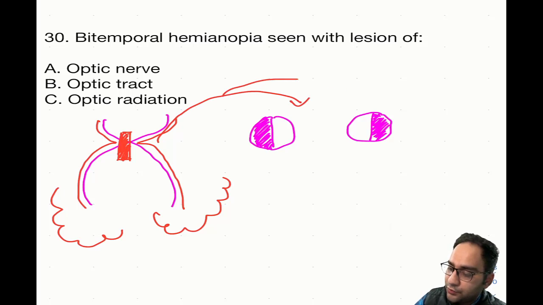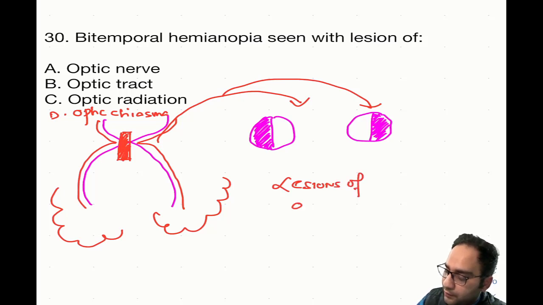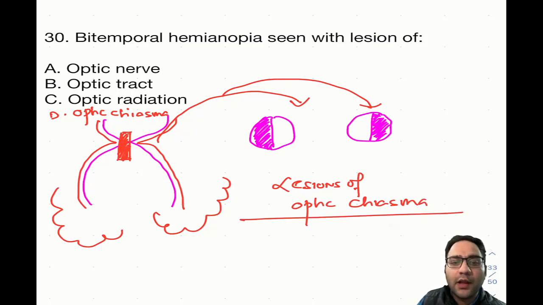This will give rise to such a feature. If the lesion is here, this will be such a feature that you will get. This particular area is basically called the optic chiasma. So lesions of the optic chiasma will cause bitemporal hemianopia.